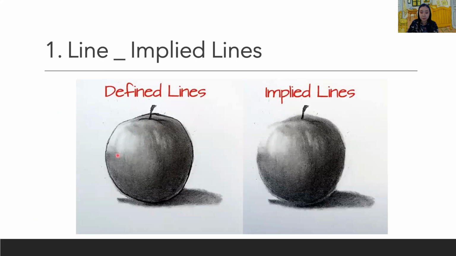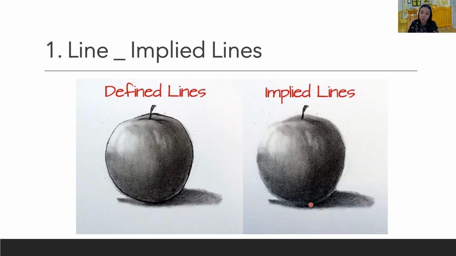The left drawing has defined lines following the apple's outline. However, there is no defined line on the right apple drawing. Nevertheless, our eyes can imagine the outline of the apple because of the shading skill called chiaroscuro.